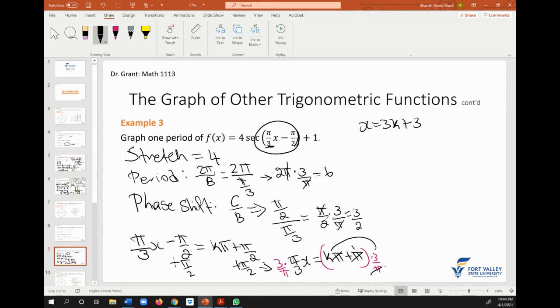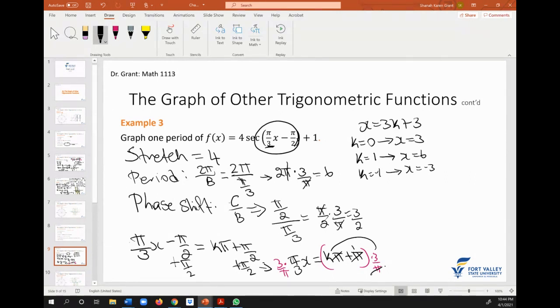And of course, I'm going to let k equal, I don't know, 0. Then that means x is going to be 3 is my asymptote if k equals 1. So x equals 6 is my asymptote. You can also do, if k is -1, x equals -3 is my asymptote.